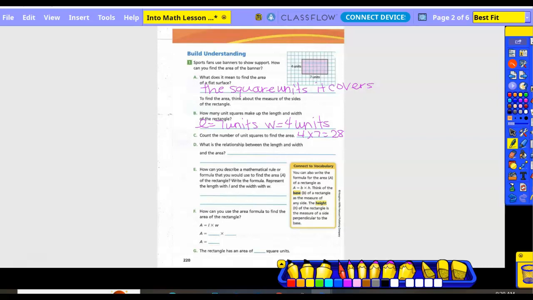Okay, so what is the relationship between the length and width and the area? So we did what? What symbol did we use? We multiplied, right? So you multiplied the length by the width.